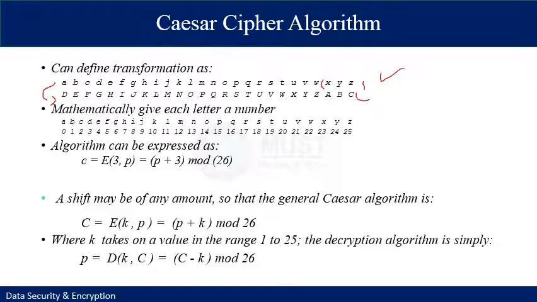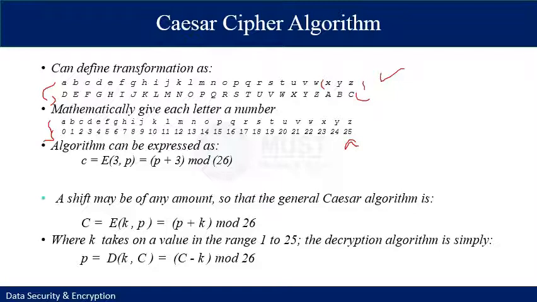Similarly, you can also use mathematical substitution. For example, you can use numbers for each letter. If you start from A and you index it at 0, you will get the index 25 at the last.